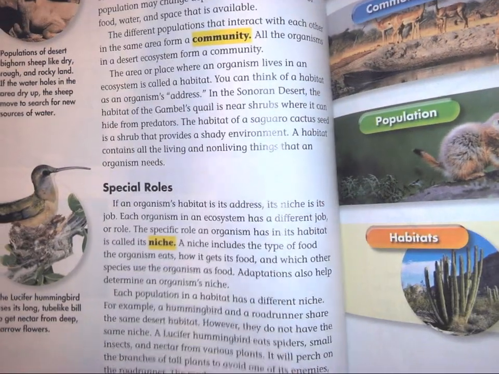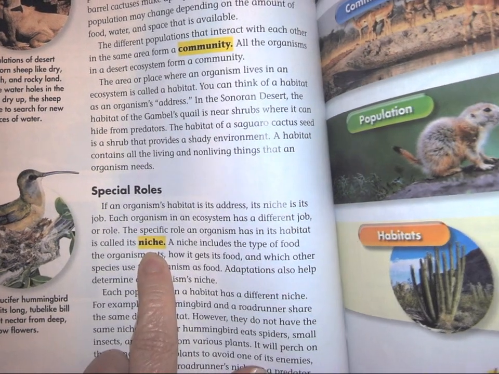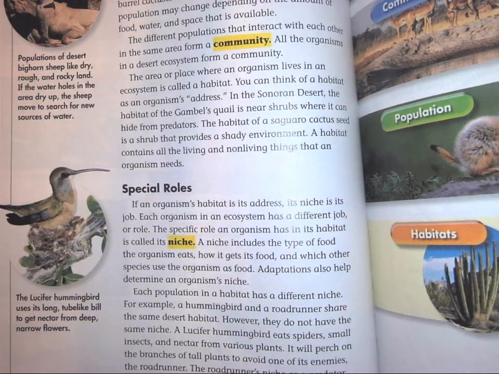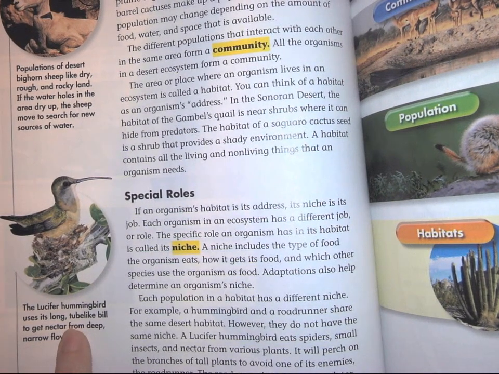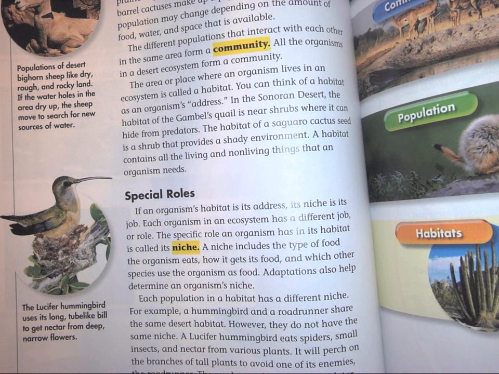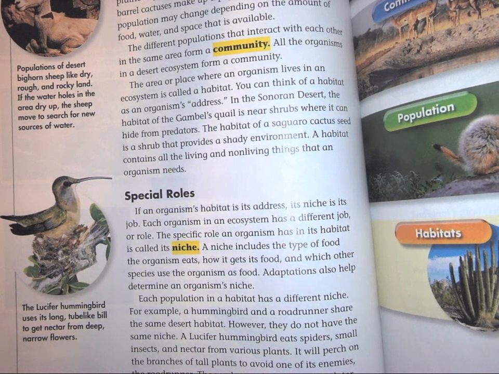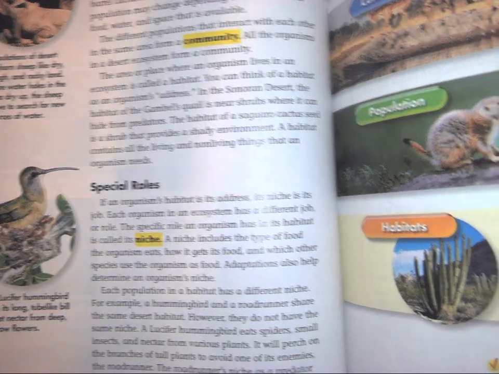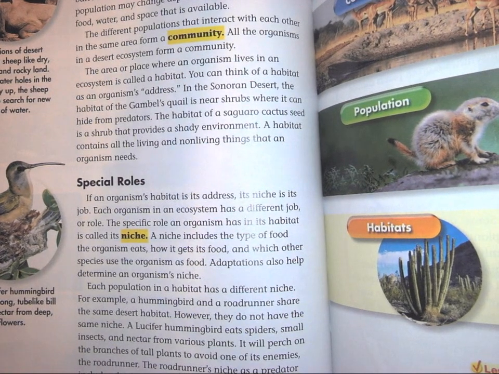Now, there's a word over here, a niche. What's the animal's niche? When you look at this Lucifer hummingbird, it has a long tube-like bill to get the nectar from its flowers. That's part of its niche. Okay, it's the adaptations that help determine what the animal's niche is.